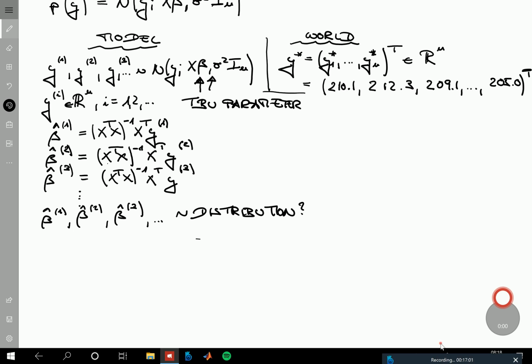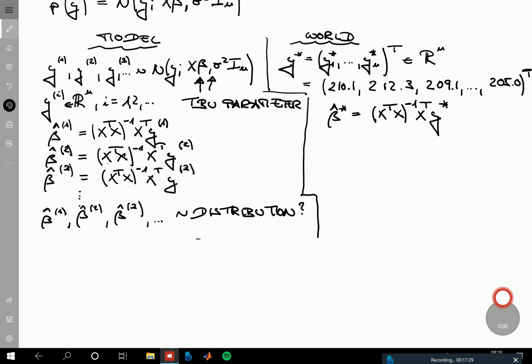In reality, what you have is one better hat estimate, which is given by your design matrix multiplied with your real observed data. So you have one value for your better parameter estimate. However, the model says we have a distribution, so we can potentially sample from that, because the data have some variability.